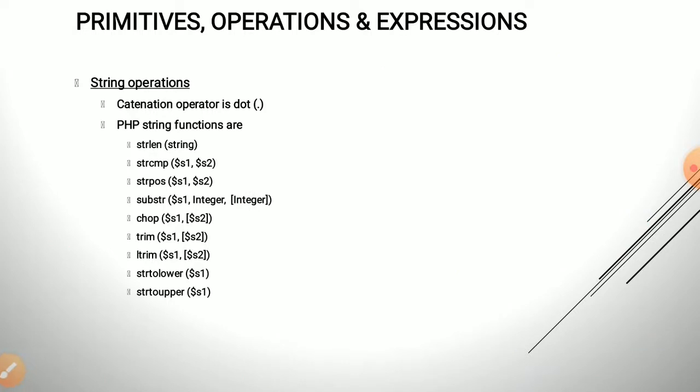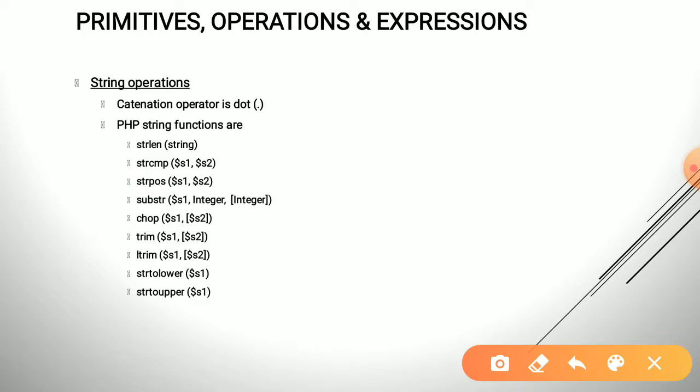Now there are so many predefined functions that operate on strings in PHP. The first one is strlen of string. The strlen function returns the number of characters in the string, that is the length of the string. The second function is strcmp, the string compare function.